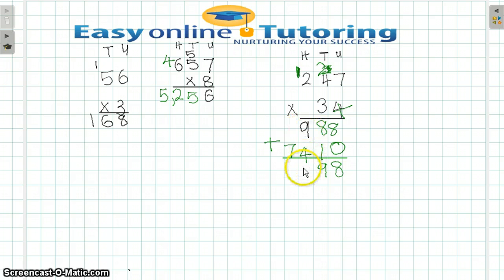Nine plus 4, which is 13. So we write a 3 down here, and we carry over a 1. 7 plus 1 is 8. So we write 8 in the final box.